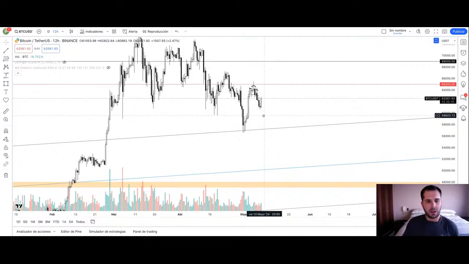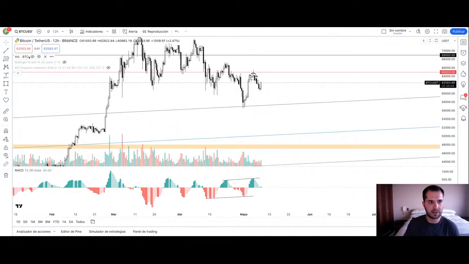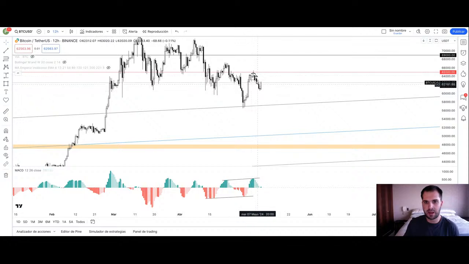Okay. So Bitcoin on the 12-hour, we've been discussing this bullish divergence that we had here and the terrible performance that it had on this high that couldn't rival the April 22nd and 23rd highs here.